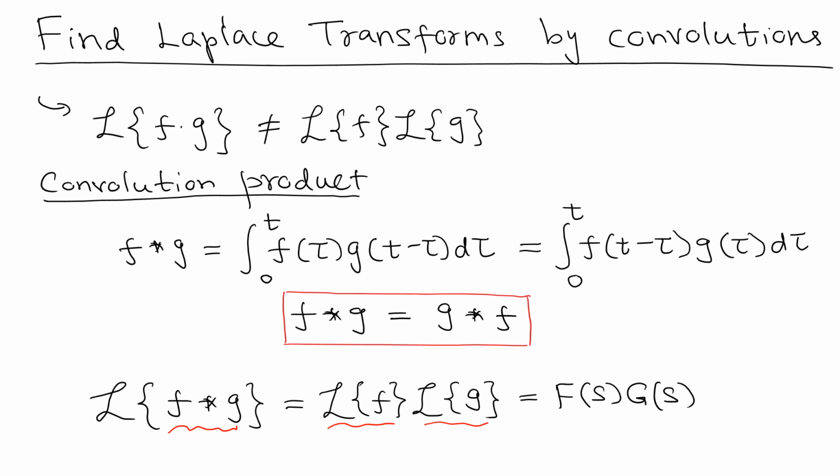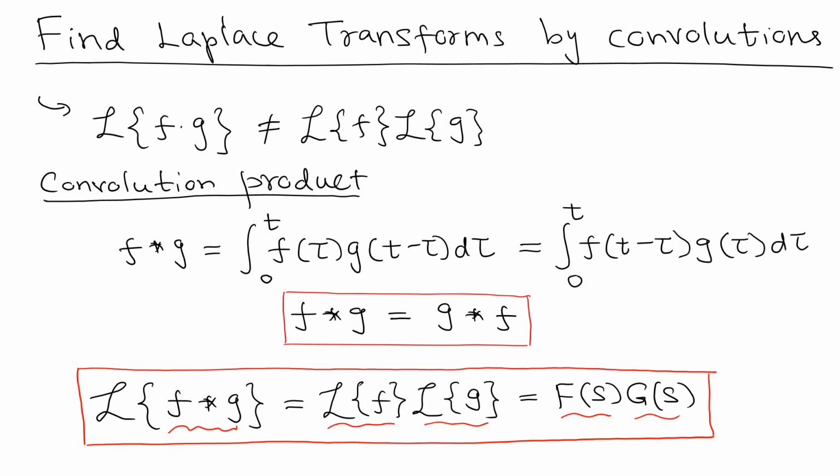We normally write it as F(s) G(s), where F(s) is the Laplace transform of f and G(s) is the Laplace transform of the second function. This is a very important result to remember. We call it the convolution property, abbreviated CP, like the FSP and SSP we had before.